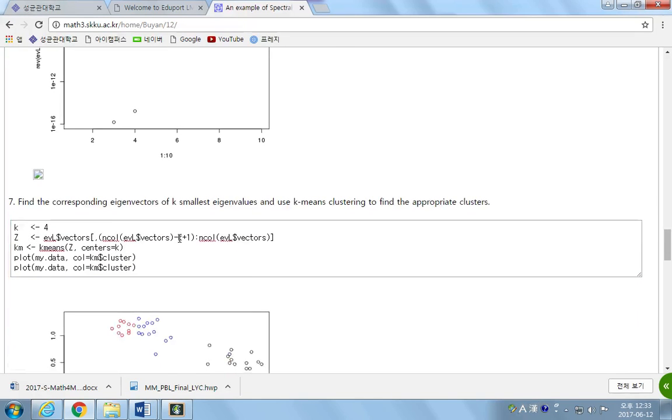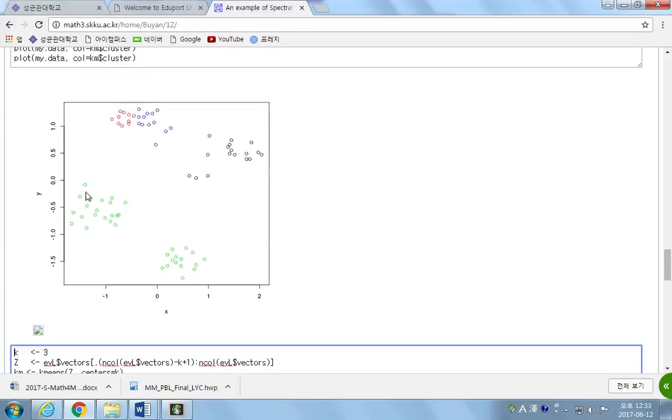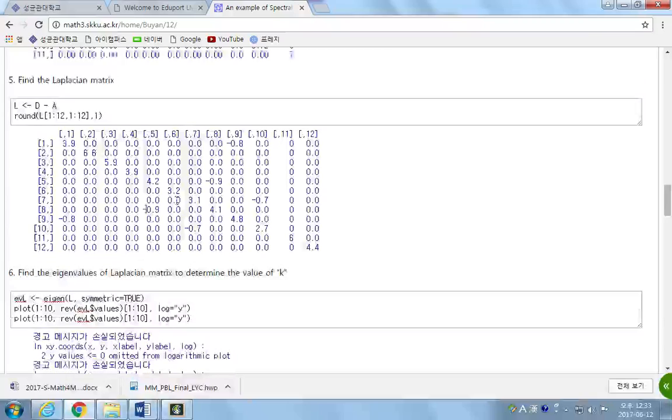Then the result is this, but it's not a good result.